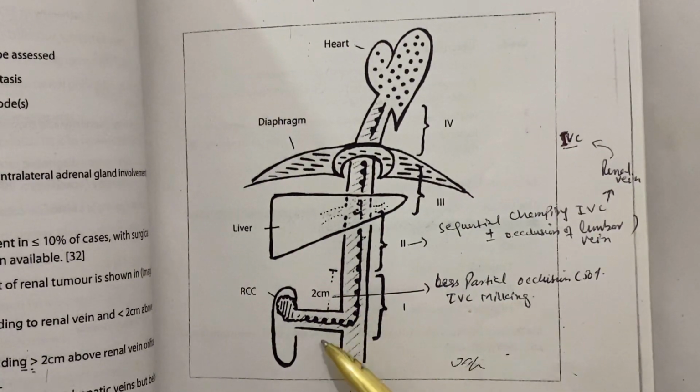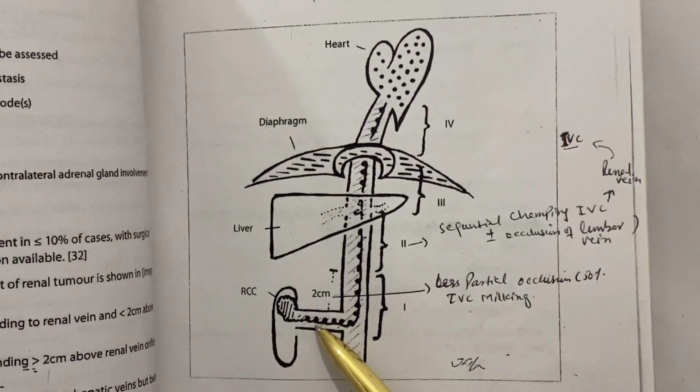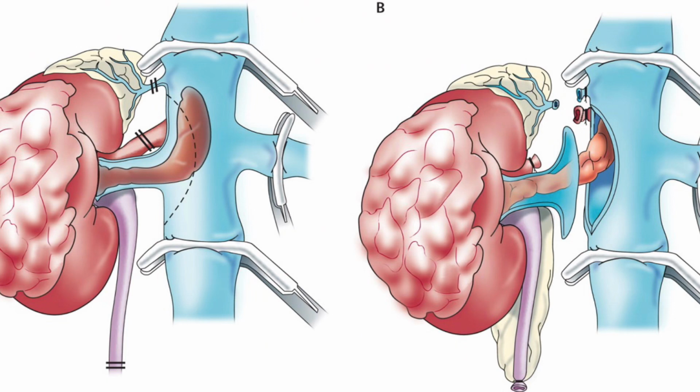Now if the tumor is on the left side, on the right side we have already discussed. Now coming to the left side, because we have no collateral on the right side to apply them. So if the tumor is on the left side, the IVC is carefully dissected to the bifurcation, ligating the right gonadal vein on its anterior surface.